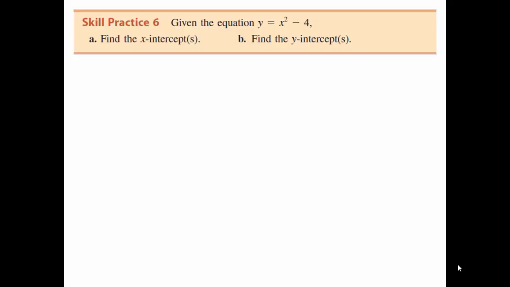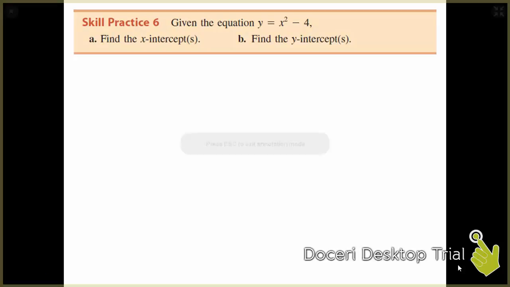Find the x and y intercepts. Okay. So the x-intercept, you're going to make your y equals 0. 0 equals x squared minus 4. Okay.